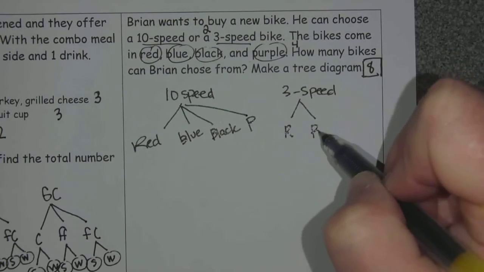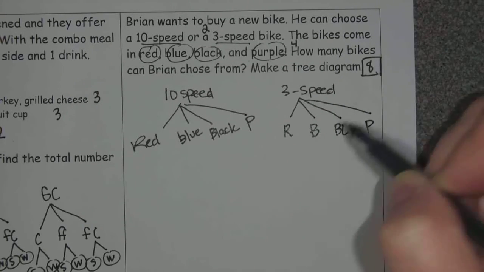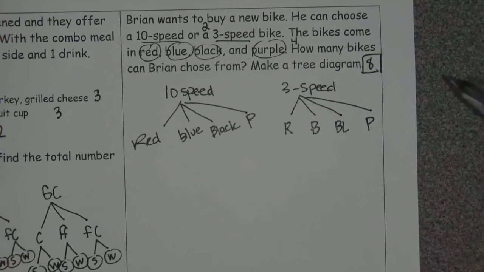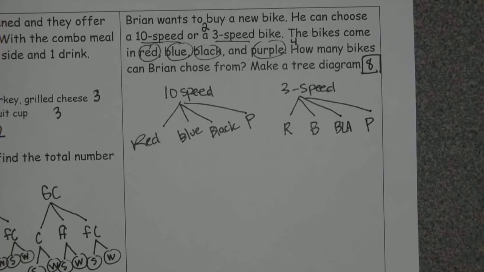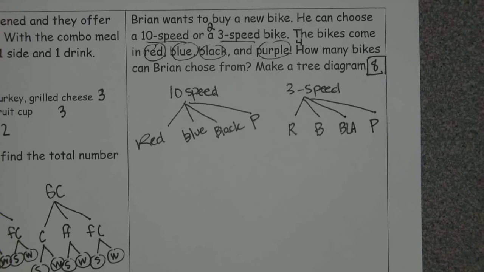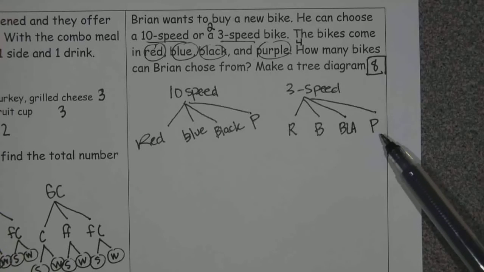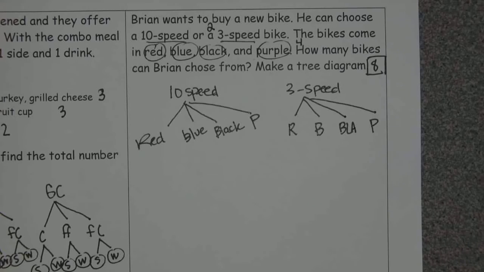Red, blue, black, and purple. That's funny because BL could be blue or black still, right? Whatever. Okay, so did I end up with 8 possible choices? I did. So again, that tree diagram figures out the same thing as that fundamental counting principle figures out for us. The total number of possible outcomes.